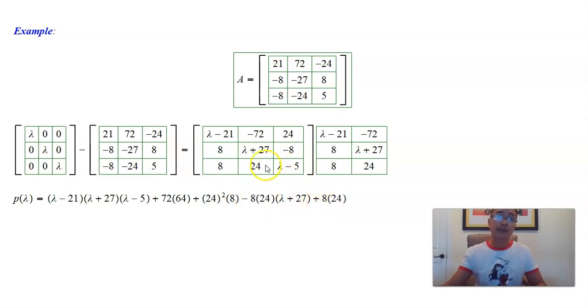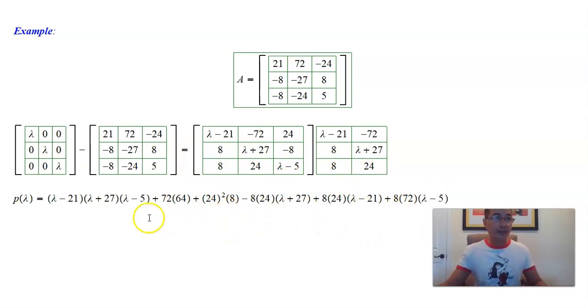So I'll just copy that. Times lambda minus 21. I will copy that. And lastly, we have minus, but there's a minus 72 there. So that's plus 8 times 72, multiplied by lambda minus 5.